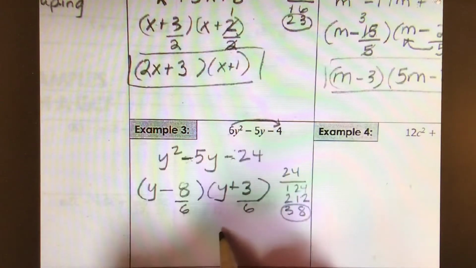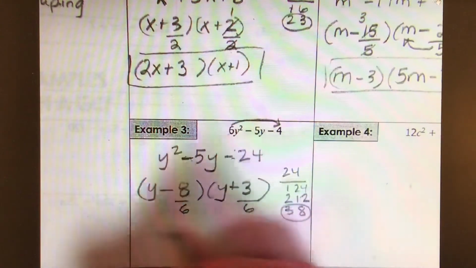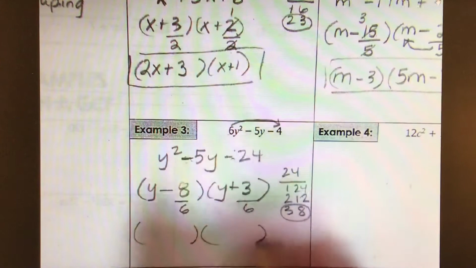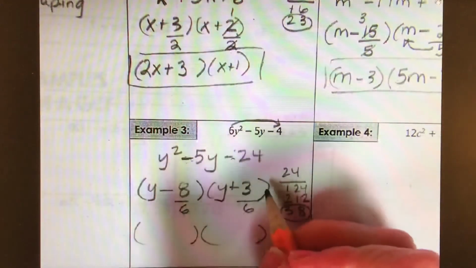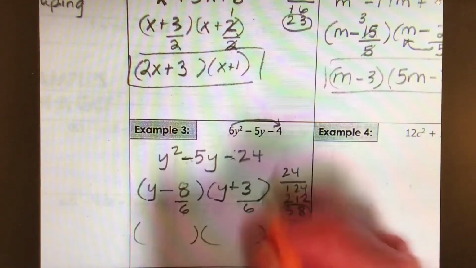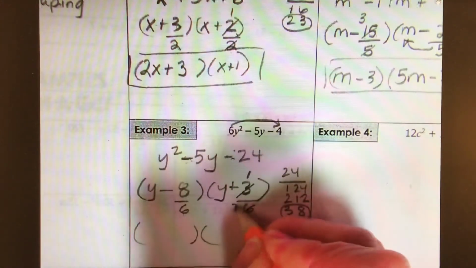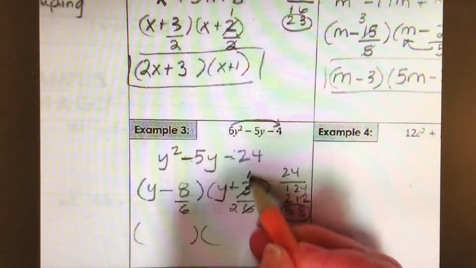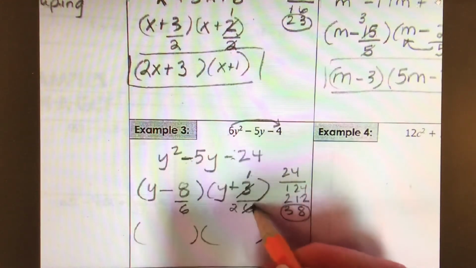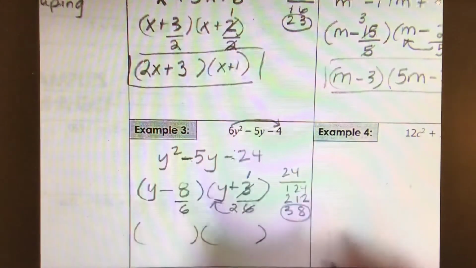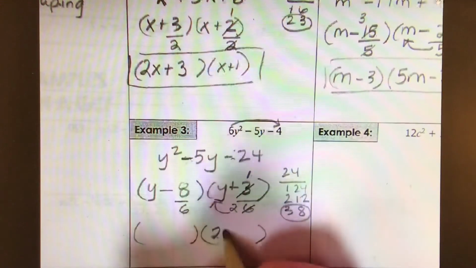So can I simplify this? Oh, yes, it looks like I can. So here's my template. I know that 6 over 3, I can actually simplify that to 1 over 2. And now I have a half over here, and now I'm going to slide this back. So I'm going to end up with 2y plus 1.